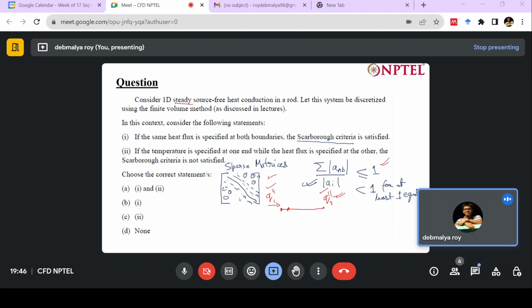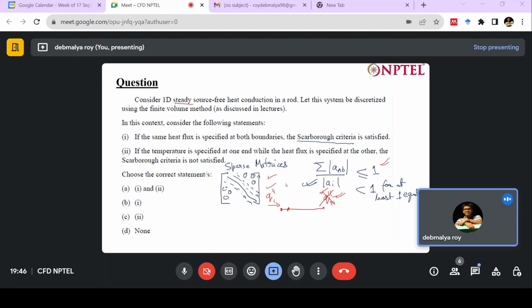So what does this mean? This means that one of these boundary conditions is not a boundary condition at all. If I simply say this is q1 double dash, the other gives no additional information. So how many boundary conditions are effectively there?